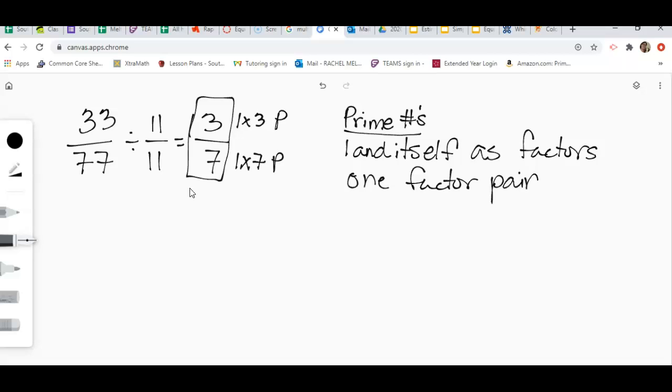If I have 1 prime number and the other is composite, then I have to see, does one fit into the other? So for instance, if I have 3/9, I know that 3 is prime, but 9 is composite. Can 3 go into 9?